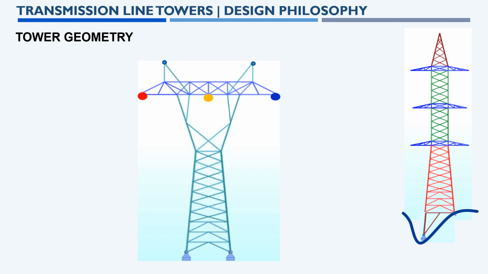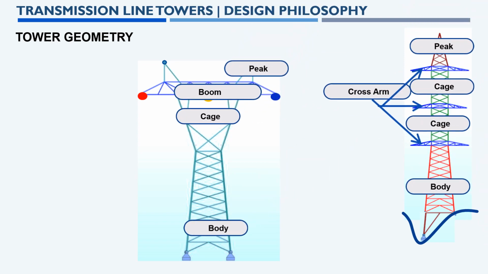But in the right-hand side picture, the conductors are fixed in vertical direction: red, yellow and blue. So only for the horizontal configuration do we have boom structural frames. These are the structural parts identified here.